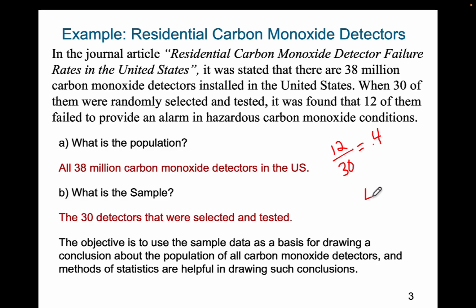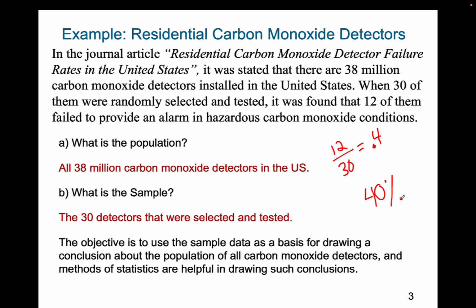Sometimes we like to move that decimal 2 places. By moving it 2 places this direction, we look at what's called the corresponding percentage. That would mean of our sample, 40% of them failed to provide an alarm in hazardous carbon monoxide conditions.